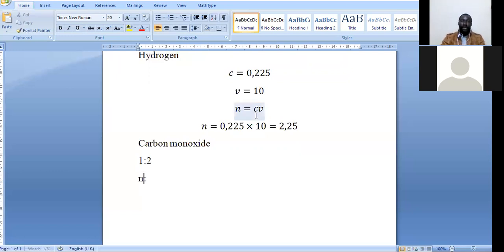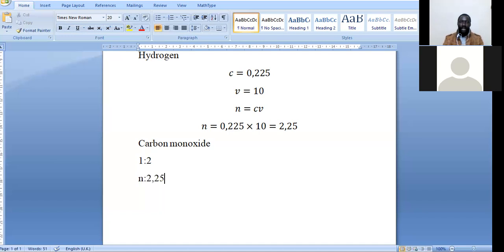The number of moles of hydrogen is 2,25. So the question now is, how do we find the value of n?